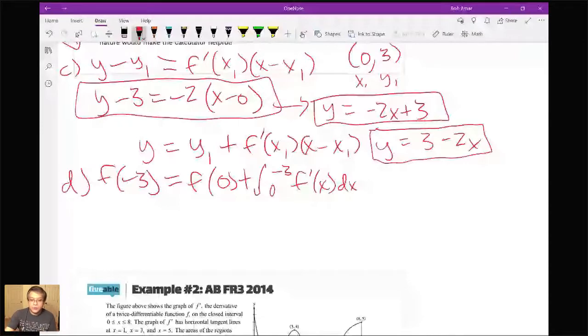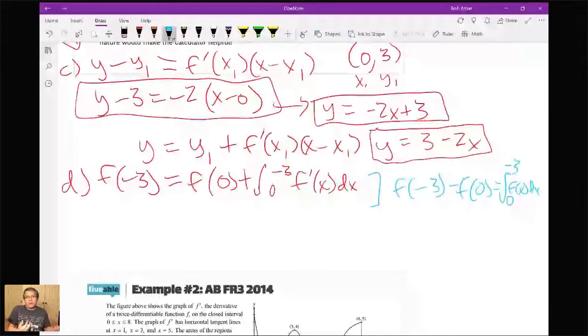Okay, but if this drives you crazy, you should recognize that this is just the fundamental theorem of calculus. This is just the fundamental theorem.